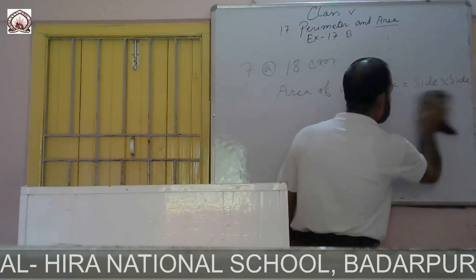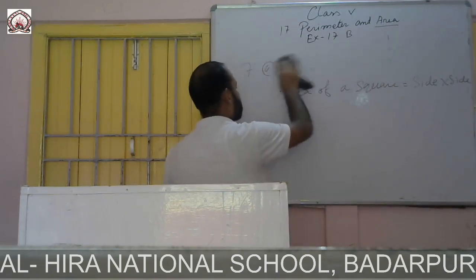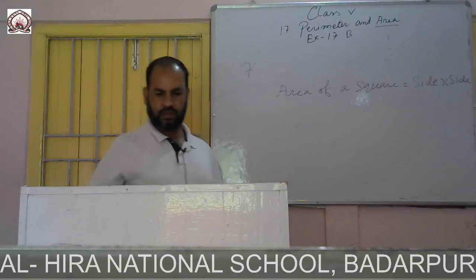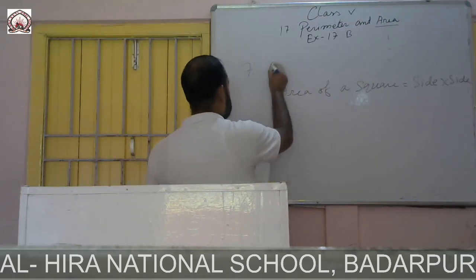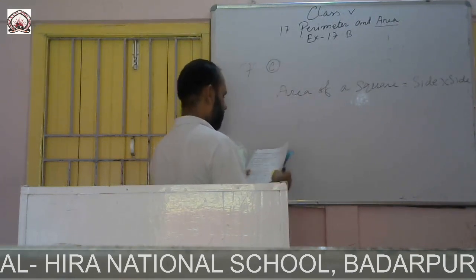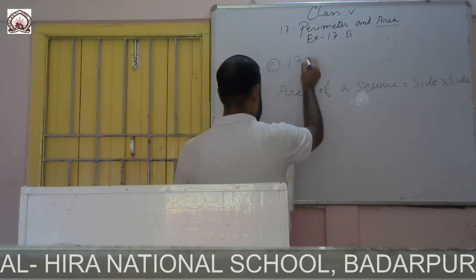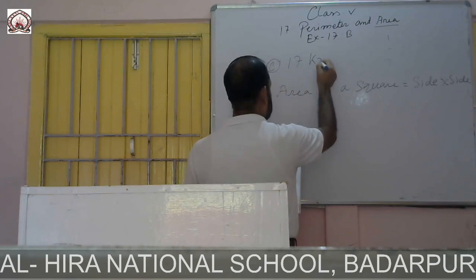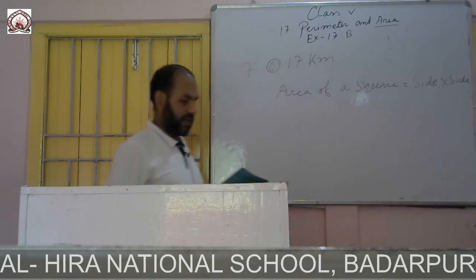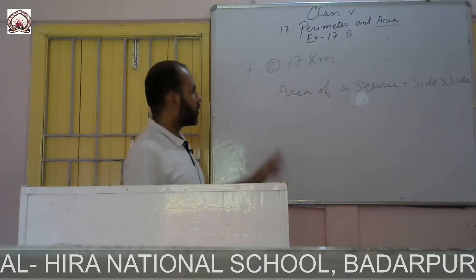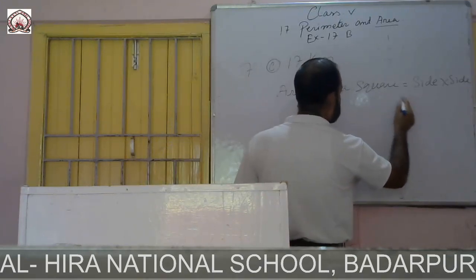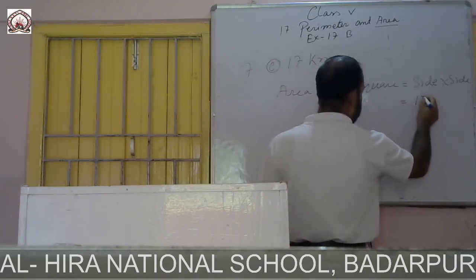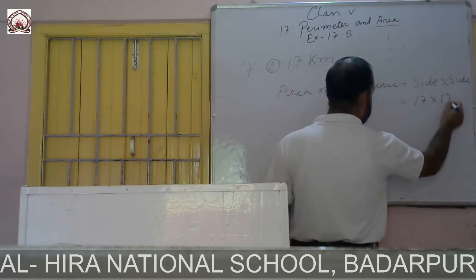Next question, 7C. 17 kilometer. So same formula, area of a square equal to side into side. So 17 into 17.